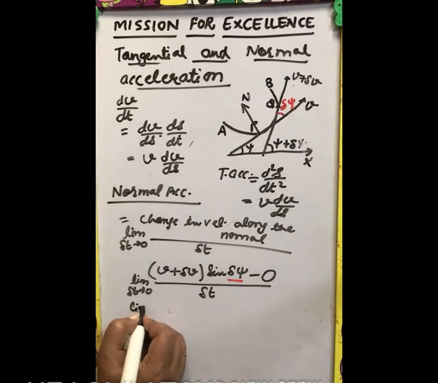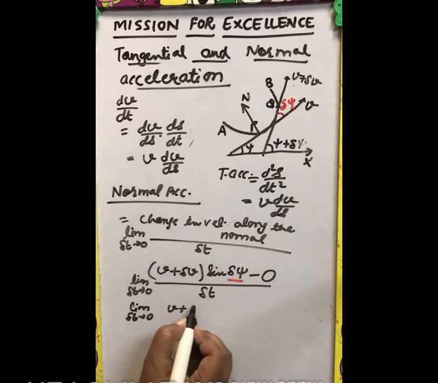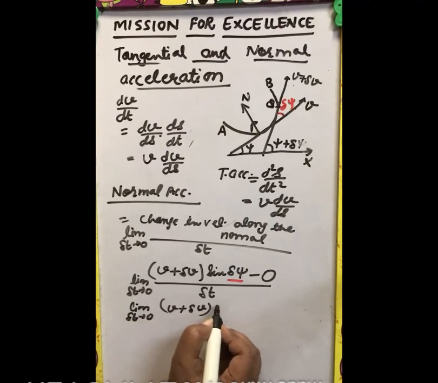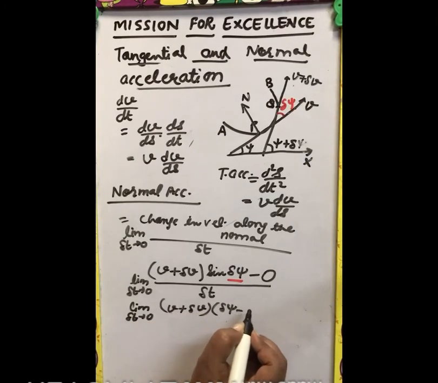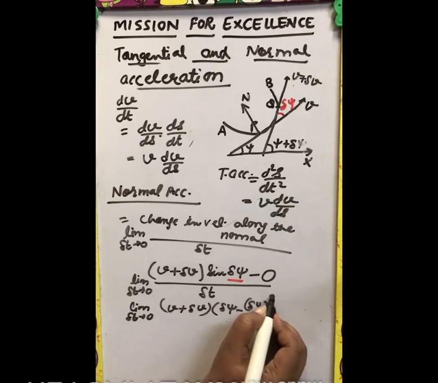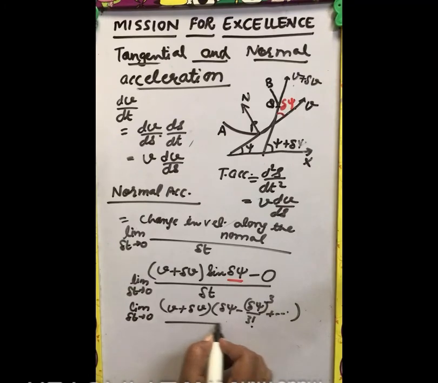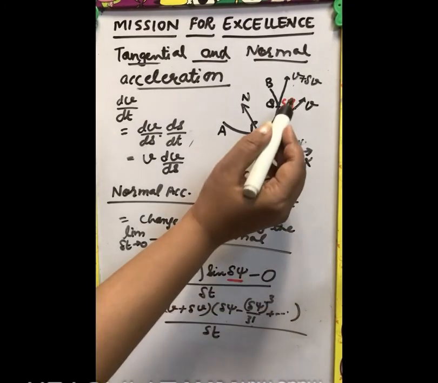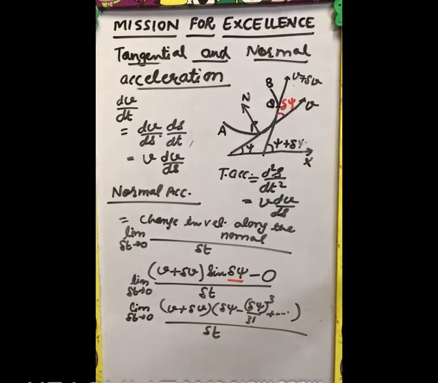We get limit delta t tends to 0, (v plus delta v)(delta psi minus delta psi cube by 3 factorial up to infinity) divided by delta t. We know delta psi is small, therefore we ignore the higher power terms, cube and 5 and all. So we are left with delta psi only.